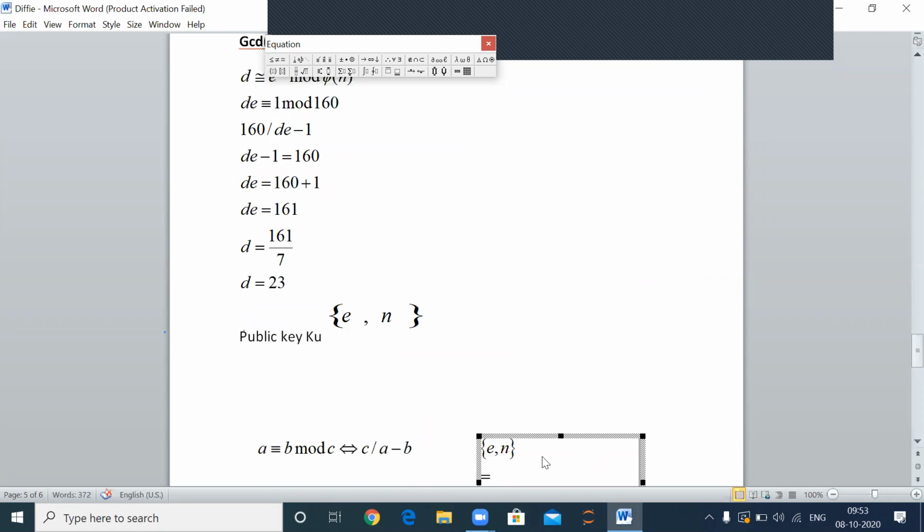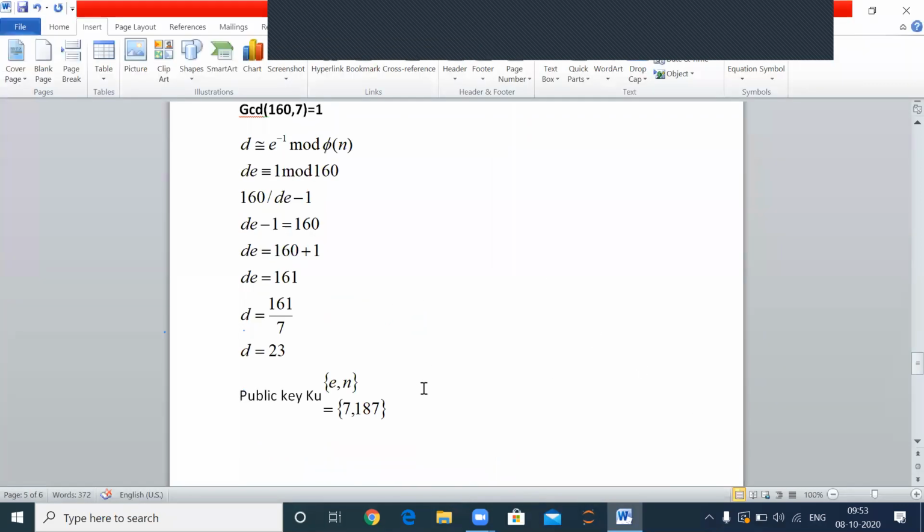That is nothing but 7 comma 187. Right? This is the public key.